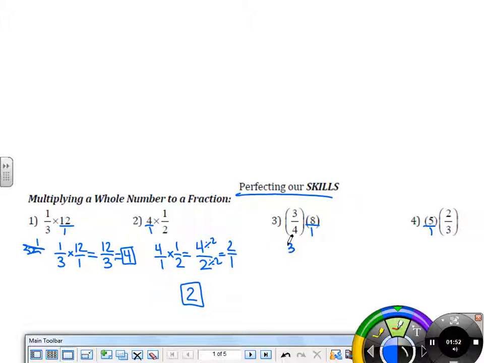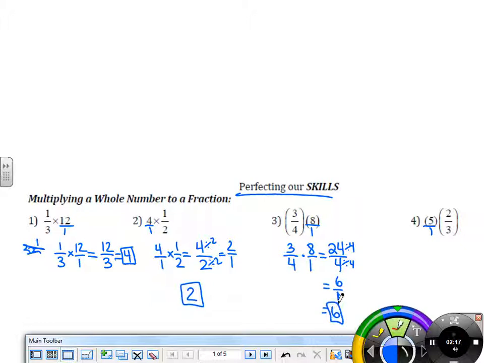For number 3, we have 3/4 times 8 over 1, which is going to give us 24 over 4. So again, I recognize the fraction bar as division, and I know that 24 divided by 4 is 6. Or I start reducing the fraction, and when I reduce, it reduces to be 6 over 1, which is just 6.